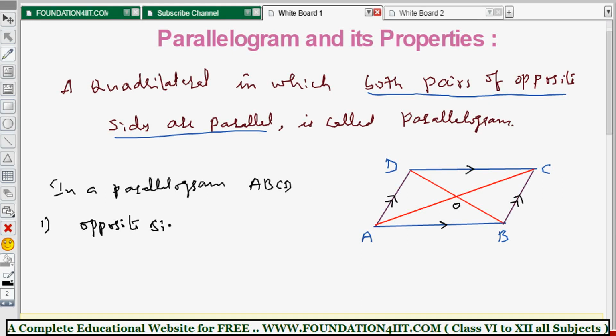Opposite sides are parallel. Here the opposite sides are AB and CD. This is the parallel symbol: AB is parallel to DC and AD is parallel to BC.